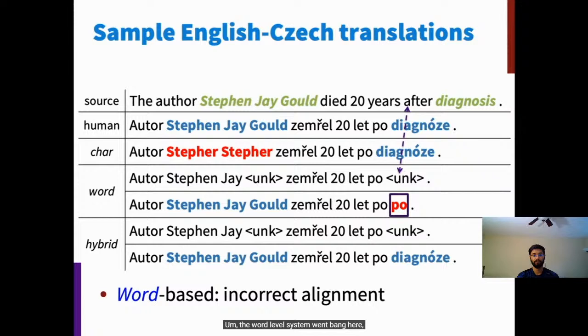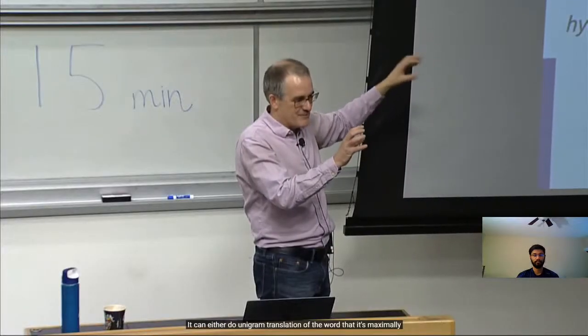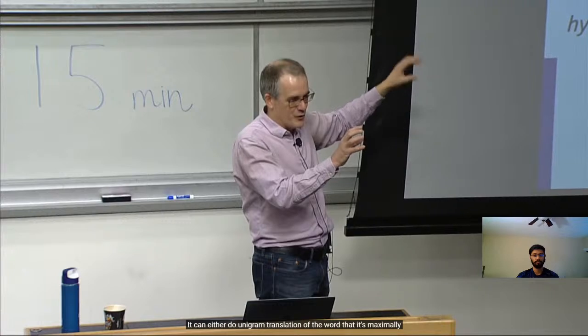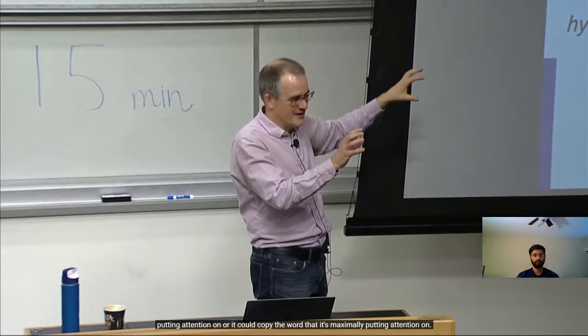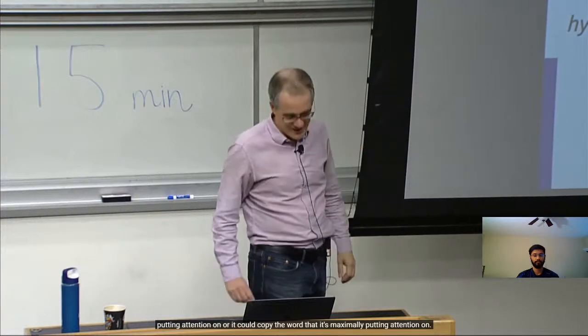The word level system went bung here. You remember when it generates an unk, the word level system is using attention. So when it wants to generate, it has attention back to words in the source. And when it generates unk, it has two strategies. It can either do unigram translation of the word that it's maximally putting attention on, or it could copy the word that it's maximally putting attention on.